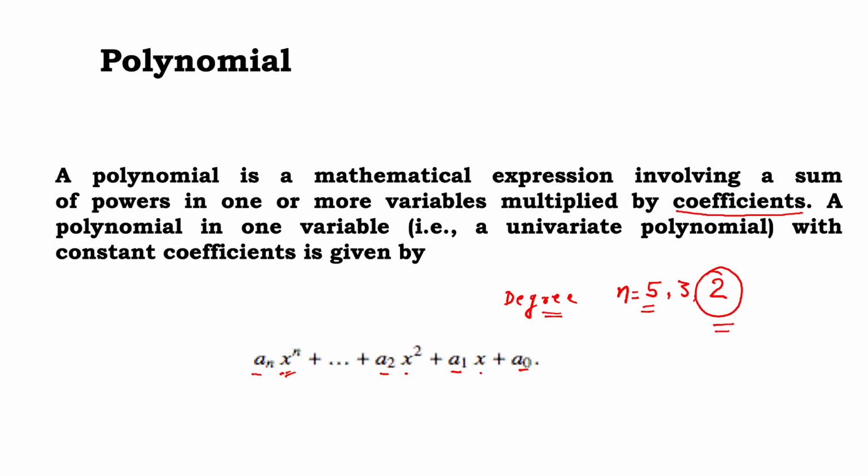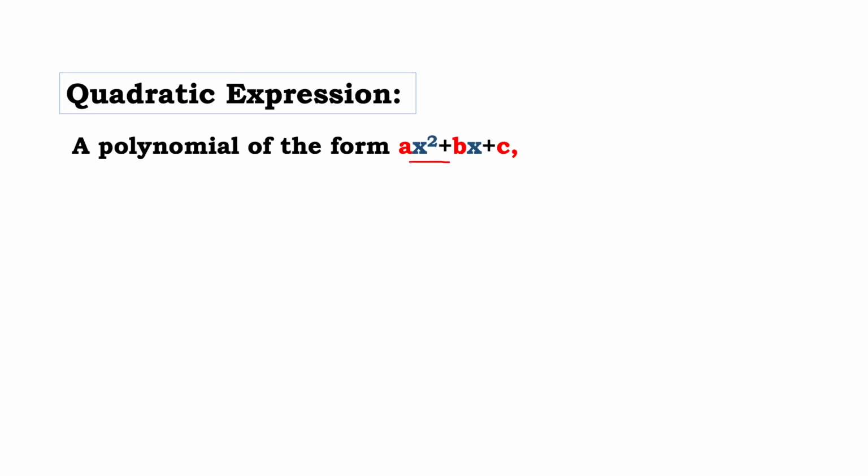So the polynomial of degree 2, known as quadratic, is in the form of ax square plus bx plus c, where a is the coefficient of x square, b is the coefficient of x, and c is the constant term.